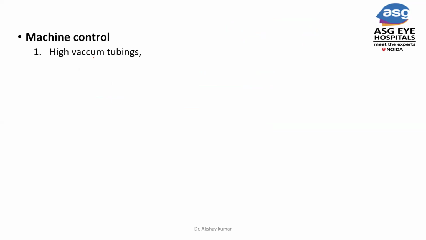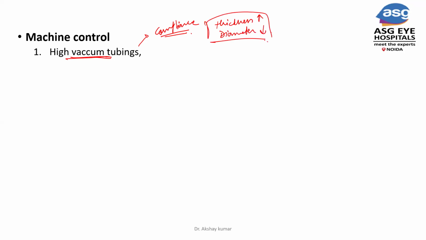First is the high vacuum tubing. As I was talking about the compliance, to prevent the surge, the thickness of the tubing is increased and diameter of the tubings is decreased. These tubings are called high vacuum tubings.